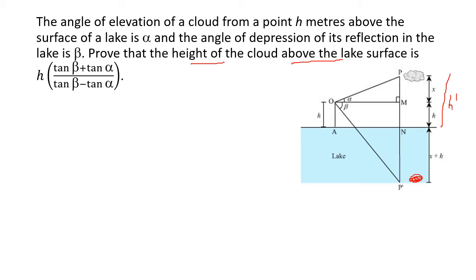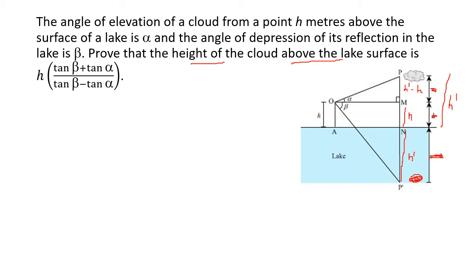Okay, so this height will be how much? H prime minus h. Why? The whole is h prime and this is h. So this whole height will be h prime. So I am not using the notation they have used. I am using my own notation.